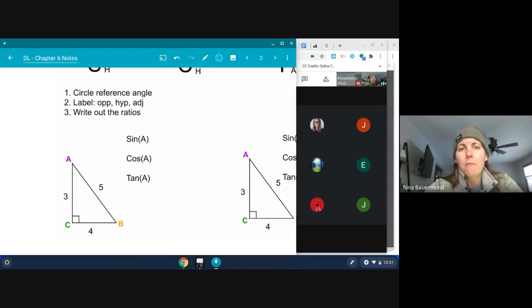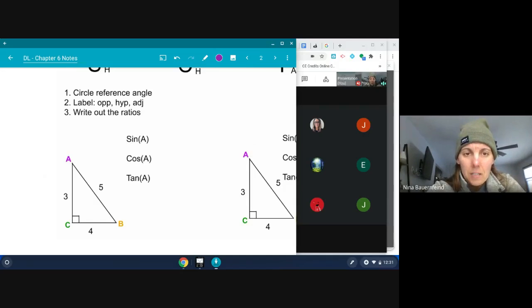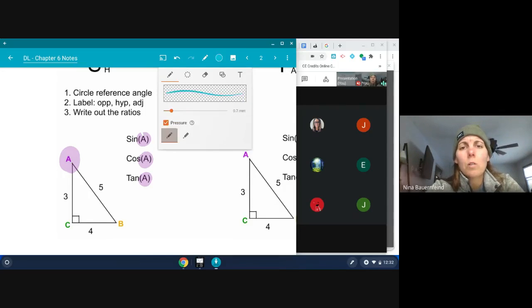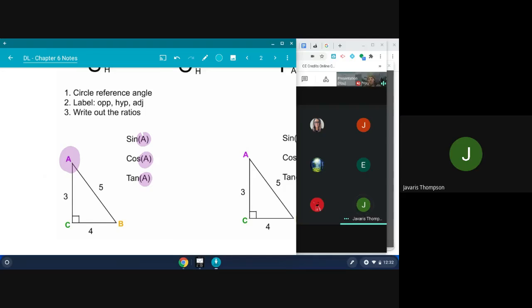This one has a reference angle of A. The reference angle is A because it says sine A, cosine A, tangent of A. So we're going to circle A. Then the second step says label op, hype, adjacent. So which one is going to be the op? Which number is the op? 4. Mm-hmm.